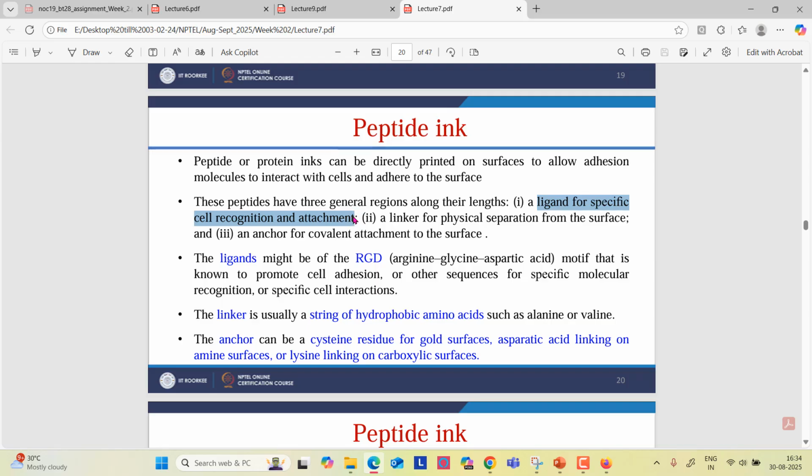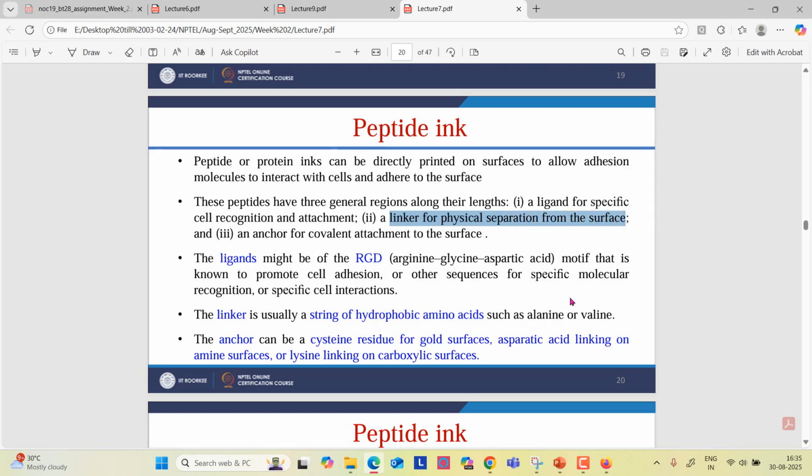So a ligand will specifically attach to some molecules. All ligands will not attach to all the molecules. So for specification, we use ligand. Then comes linker, for physical separation from the surface.